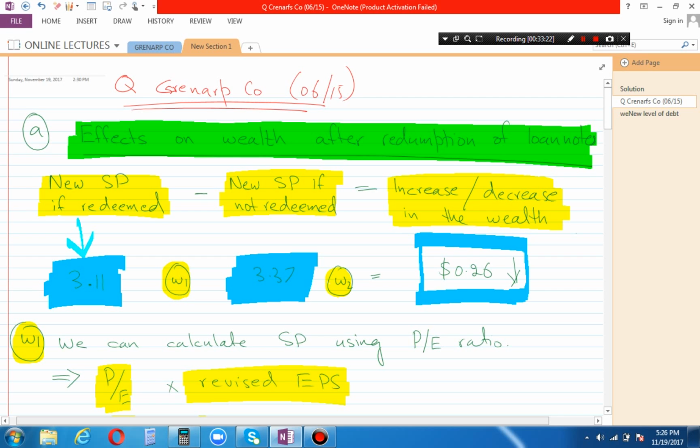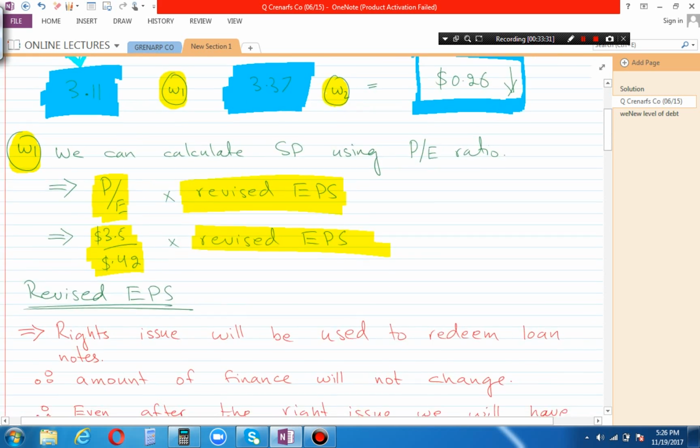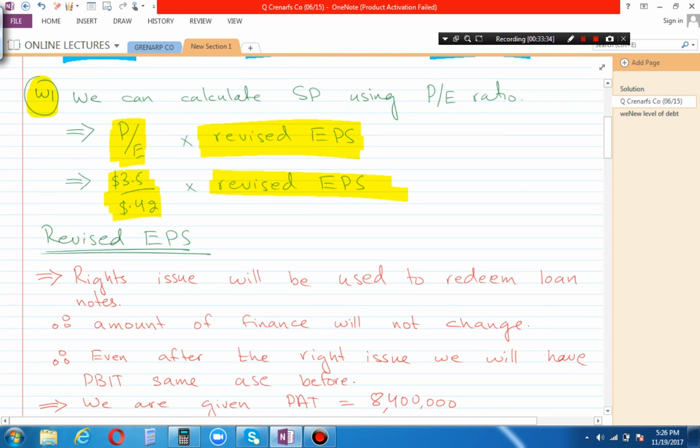So the share price if redeemed minus the share price if not redeemed. First we calculated the share price if redeemed in working number 1, where the price earning ratio multiplied by the revised EPS will give you the share price if redeemed.